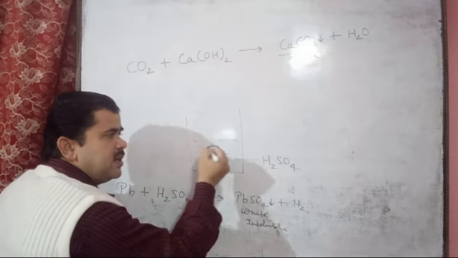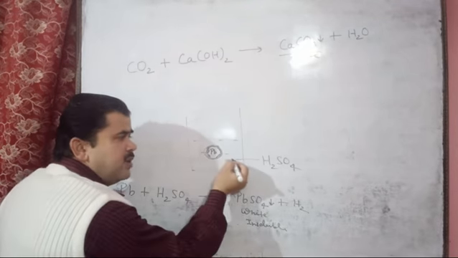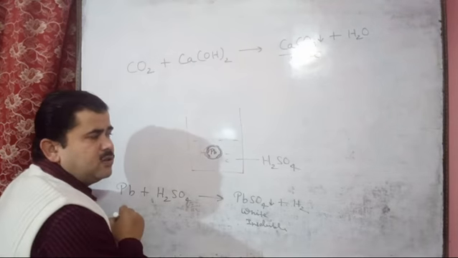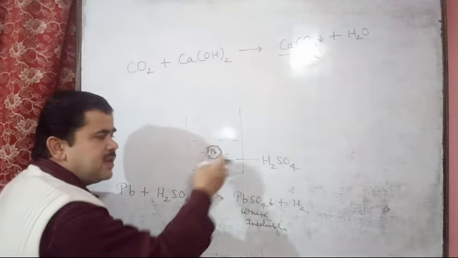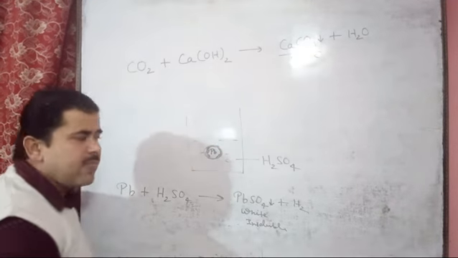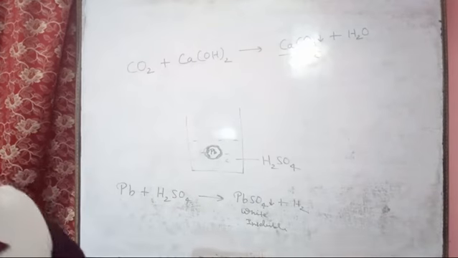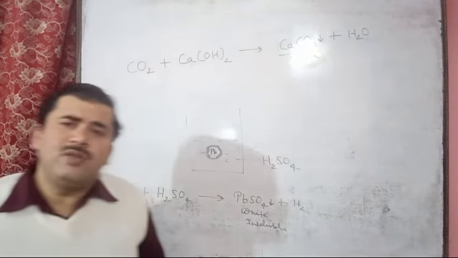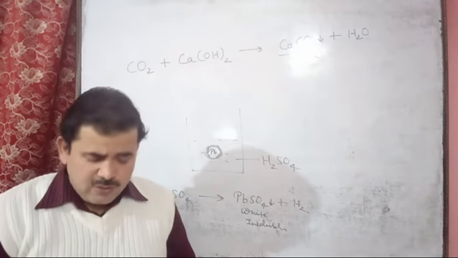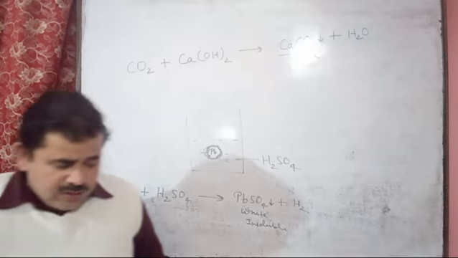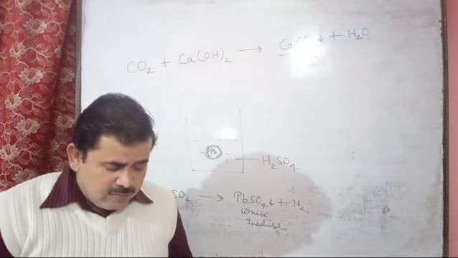So the lead is not in contact with the acid, and further reaction will stop. So we will not react lead with HCl or H2SO4 for the preparation of hydrogen.